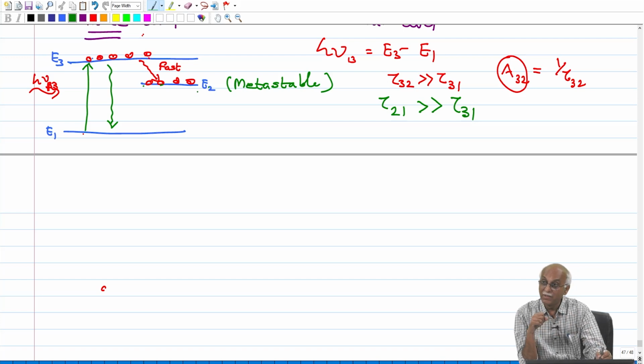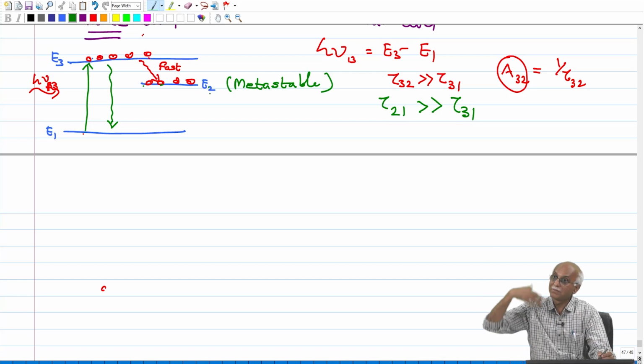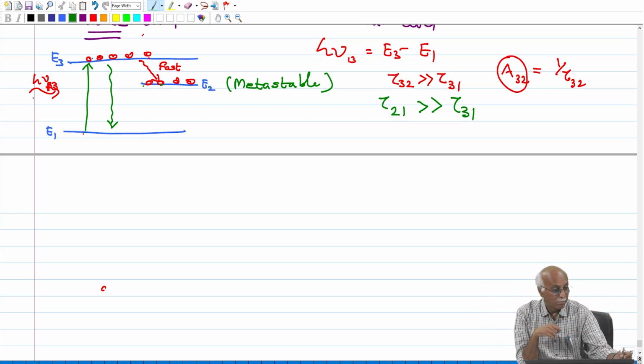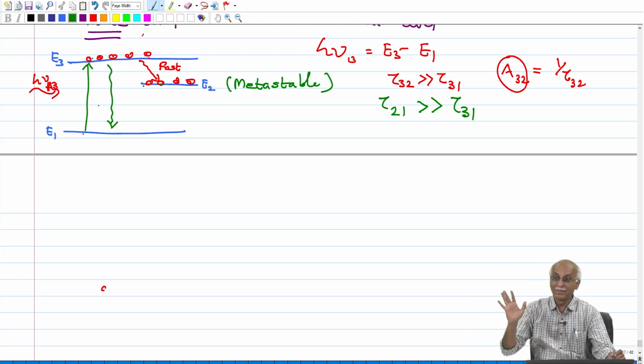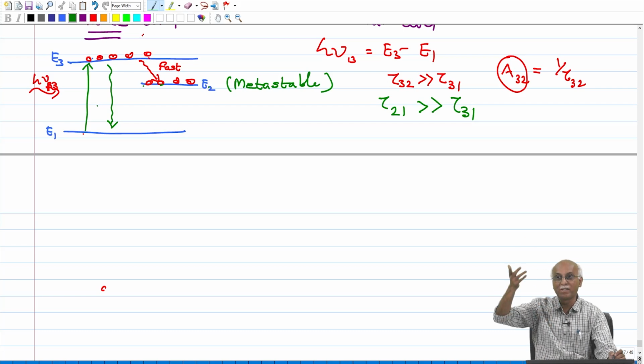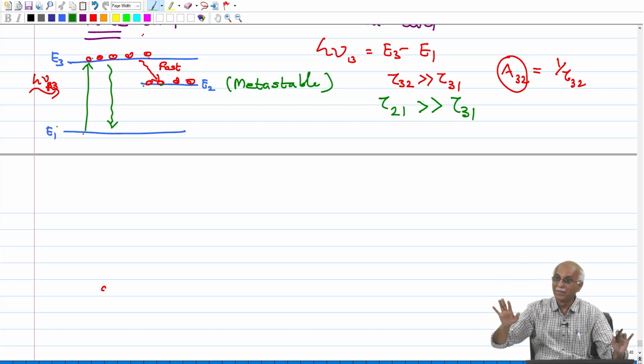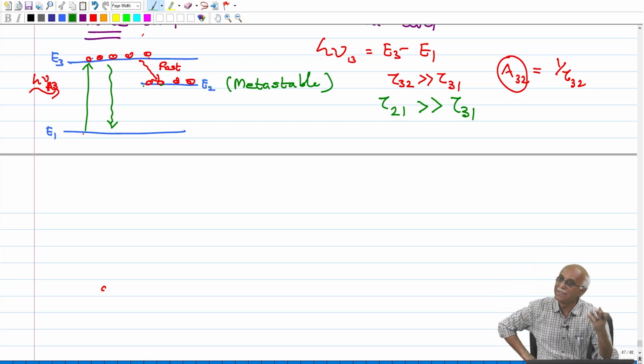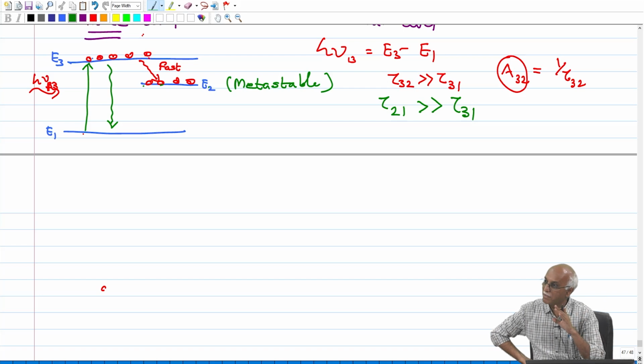The second level will get populated. Why? Because the pump energy is pumping the ground level atoms to level 3, level 3 becomes empty because of spontaneous emission to level 2, and level 2 gets populated. And there is no problem of stimulated emission between levels 1 and 3; it is absorption, because level 3 is empty. So stimulated emission there is neglected.